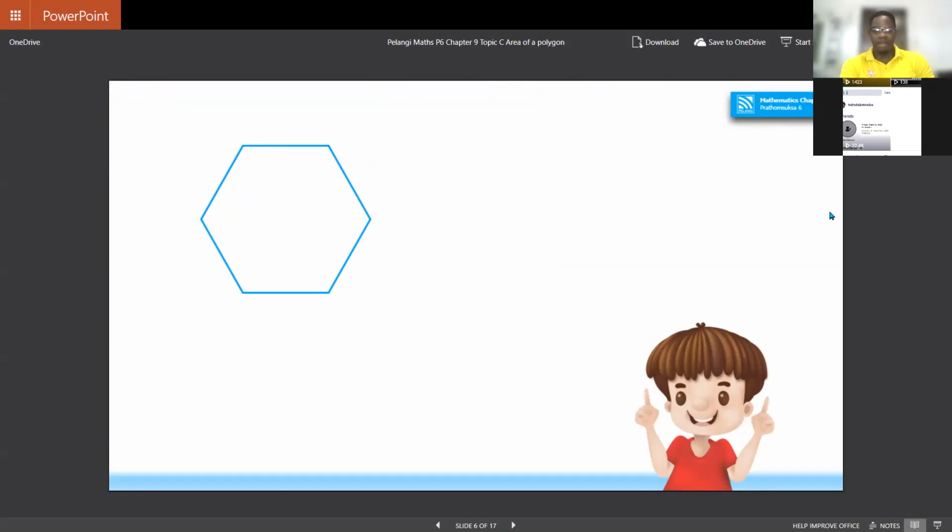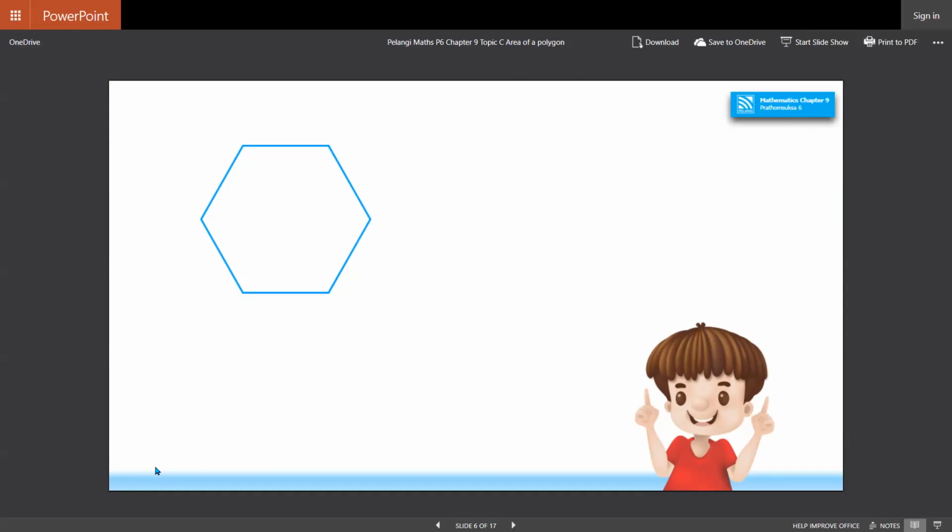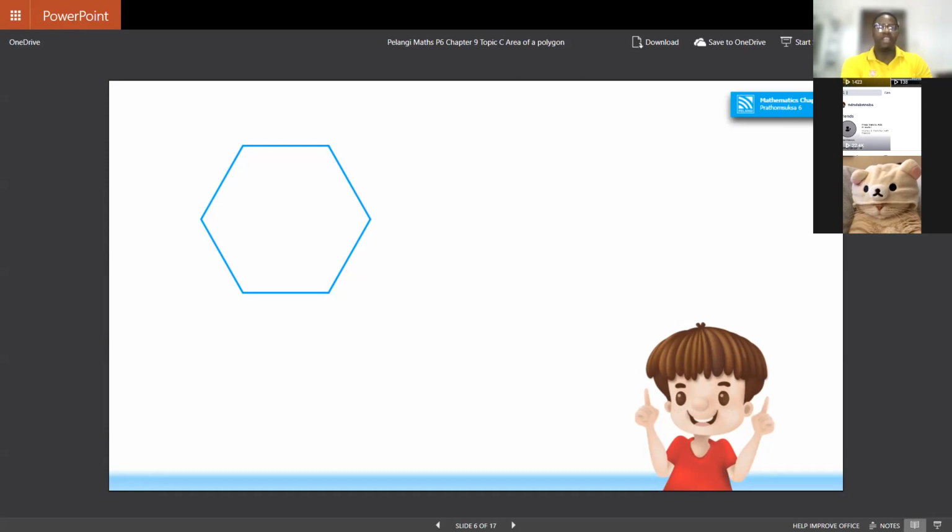What's the name of this polygon? Who can tell me? What's the name of a 6-sided polygon? Okay, I should call names. All right, so I'll go with Japan. Japan, are you there? I think that sounded like Chio, right? Yes, that was Chio.